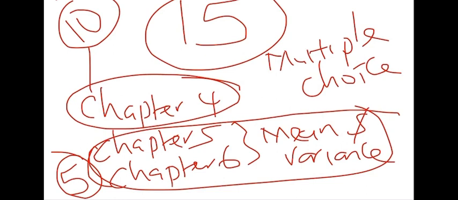And in chapter 5 and 6, you need to be able to understand how to compute the mean and the variance of probability distributions. That's all. There's no serious calculations, but there are going to be calculations in chapter 4. And I'm going to walk you through all of that tomorrow.